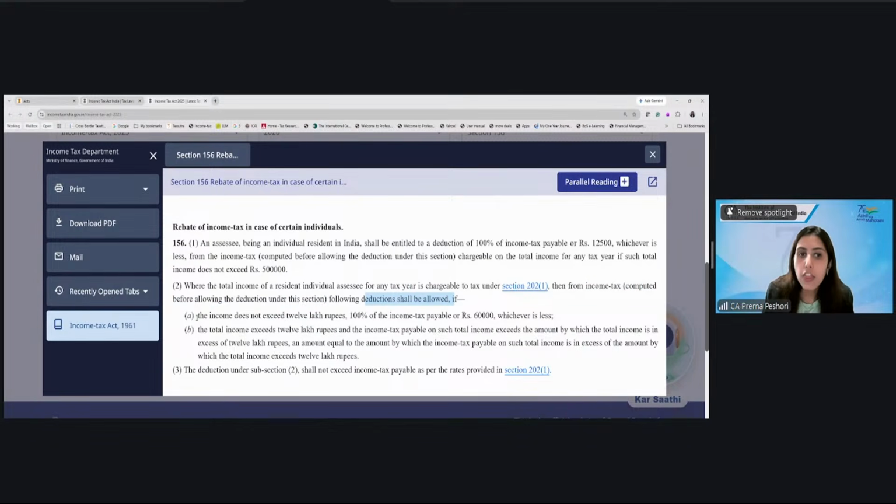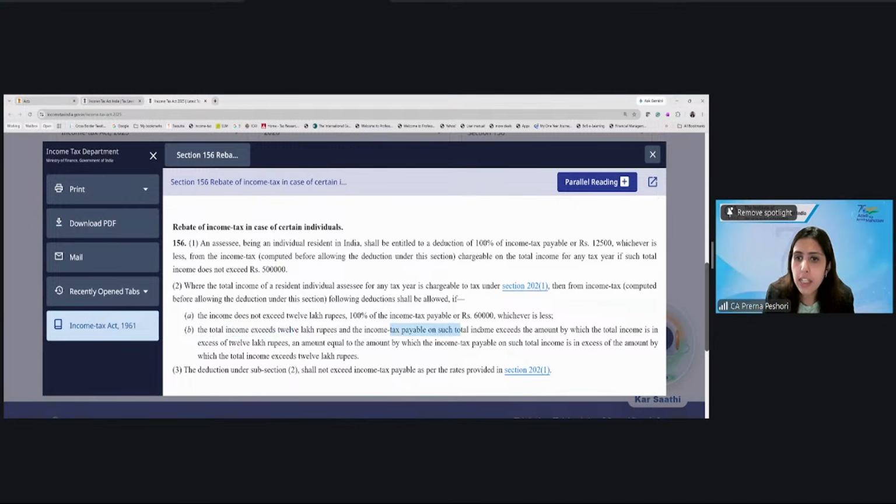The first is if the income does not exceed 12 lakh rupees, if your total income here means the total income only, then 100% of the income tax or rupees 60,000, whichever is less. Are we clear?